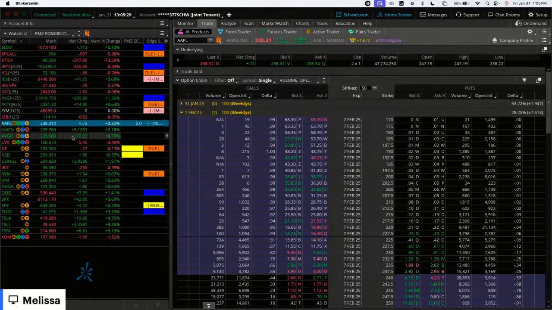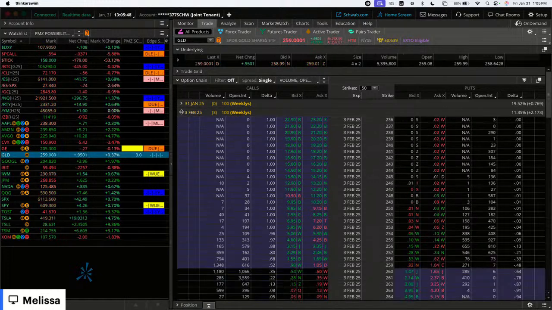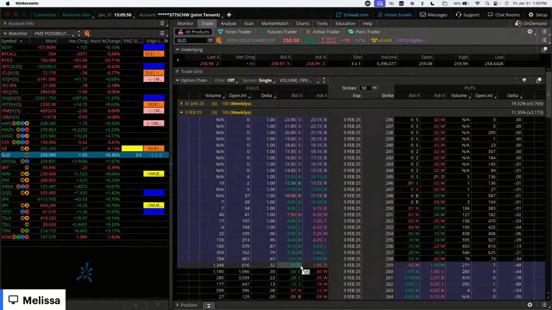I'll give you another example. Let's choose GLD here because I trade that a lot. GLD has multiple expirations, not just Friday expirations. They also have Monday and Wednesday expirations. So if I were day trading GLD today, then I go to Monday's expiration.